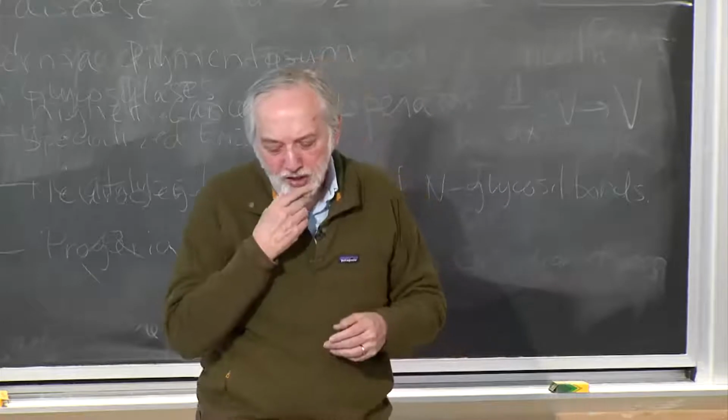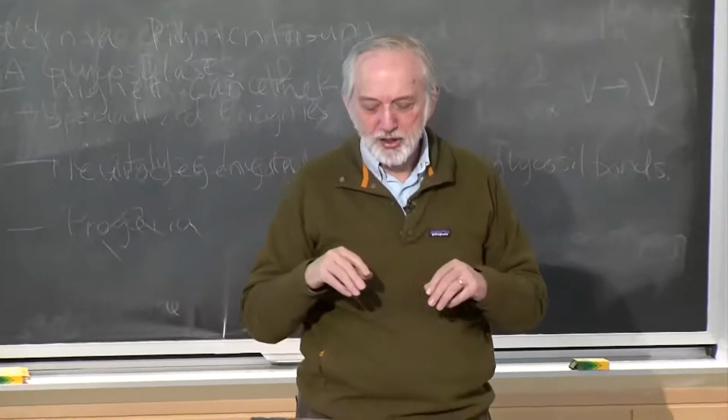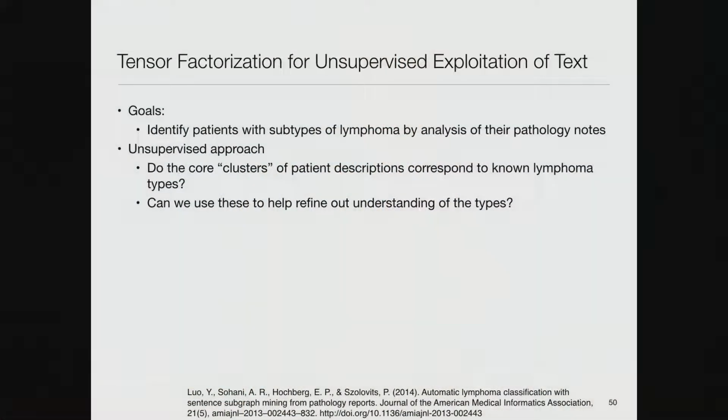Now, Yuan took a kind of interesting, slightly odd approach to it, which is to treat this as an unsupervised learning problem rather than as a supervised learning problem. So he literally masked the real answer and said, if we just treat everything except what gives away the answer as just data, can we essentially cluster that data in some interesting way so that we re-identify the different types of lymphoma?